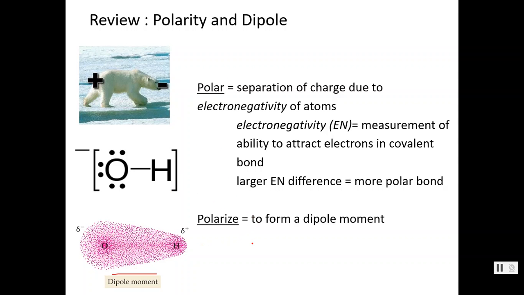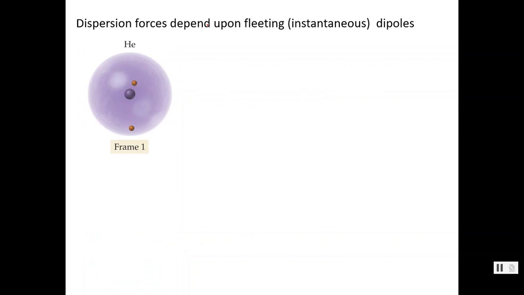So that's polarity again. How are we going to use that when talking about something called dispersion force? So dispersion force is based upon instantaneous or fleeting, or another word would be temporary, dipoles. So it depends upon temporary separation of charge in a substance.